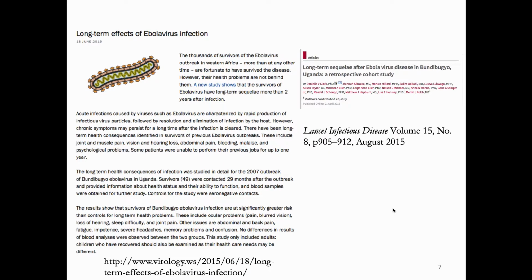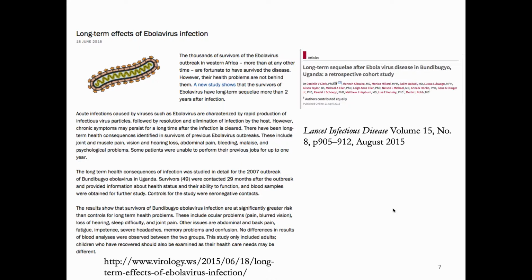And if we look at some of the effects that seem to be observed in Ebola survivors, there have been a few different sets of patient studies. One important study is referenced here, and this is a blog post about that.